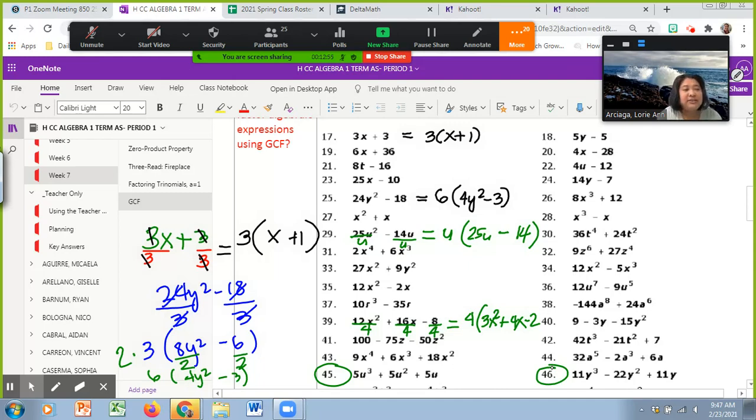Two more minutes. Try 45 and 46. And if you find me too slow, find something else that you want to do. And if you have other questions, let me know as well. But for today, we're just going to look at some of all these examples on that page. And your extra credit is to try all of them.